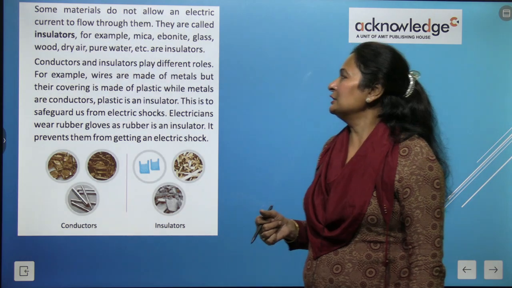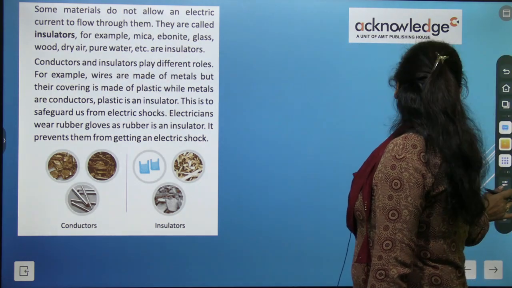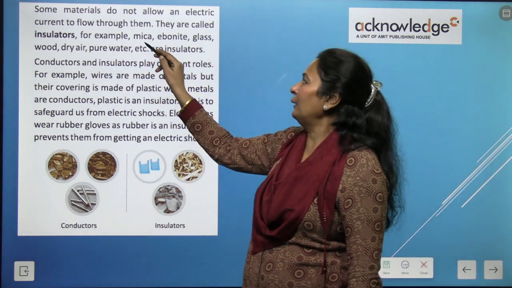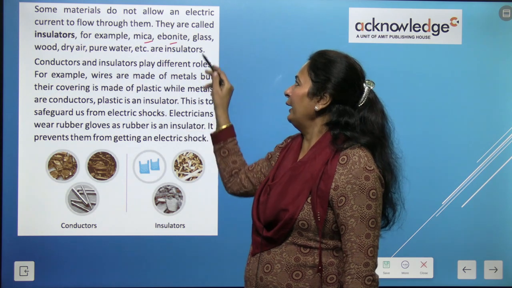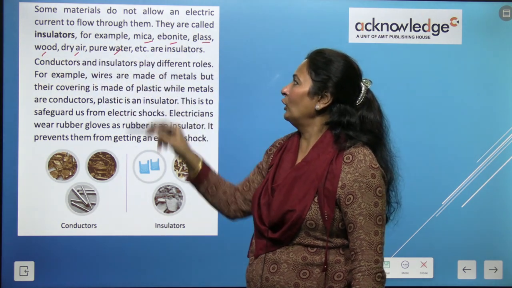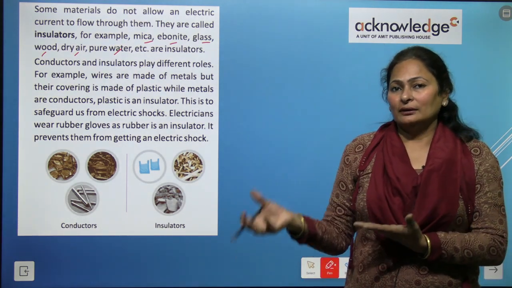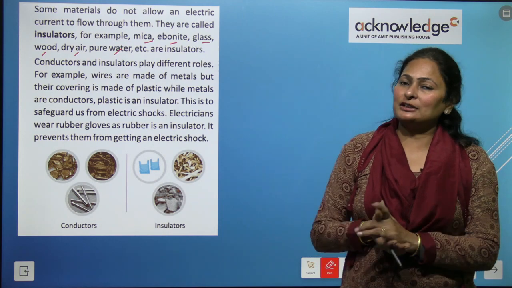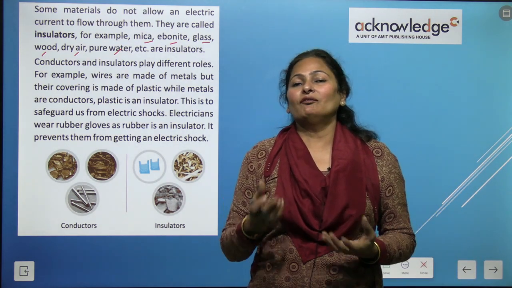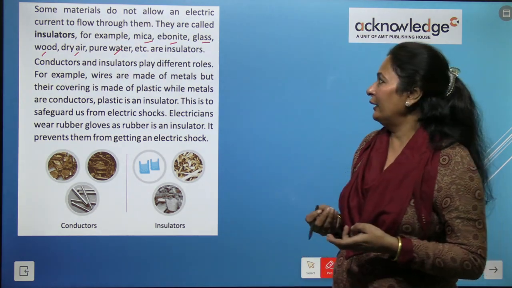Now, some materials do not allow an electric current to flow through them. They are called insulators, and examples of insulators are mica, ebonite, glass, wood, dry air, pure water, etc. Water mixed with salt, the salt solution, is a conductor of electricity, whereas pure water is an insulator, right?